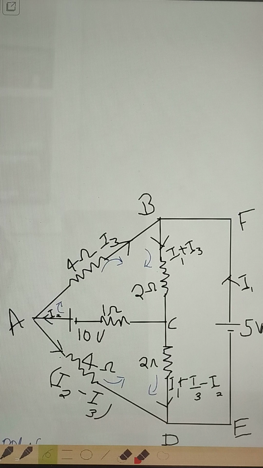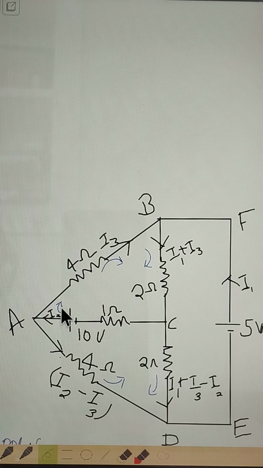So what are the potentials? Potential is equal to I into R, so for I3 it is 4 I3, here I1 plus I3 into 2, products of current and resistances, and here I2 into 1. First of all, check the direction of current coming from that cell.